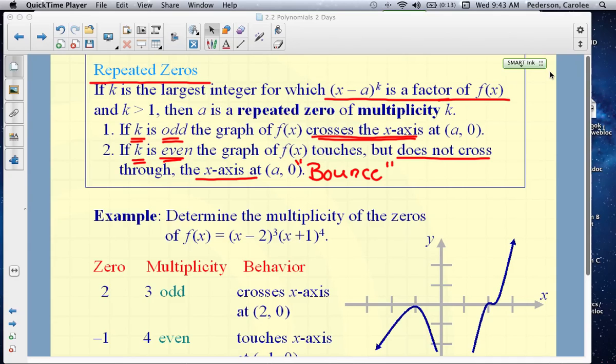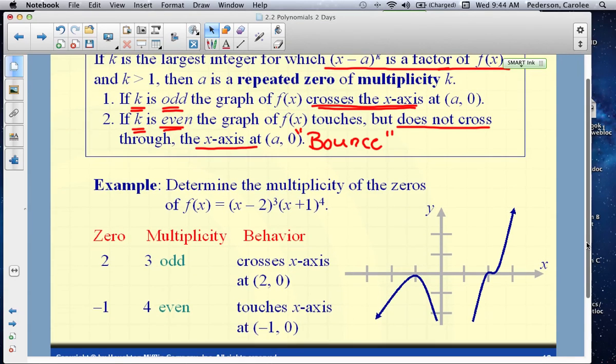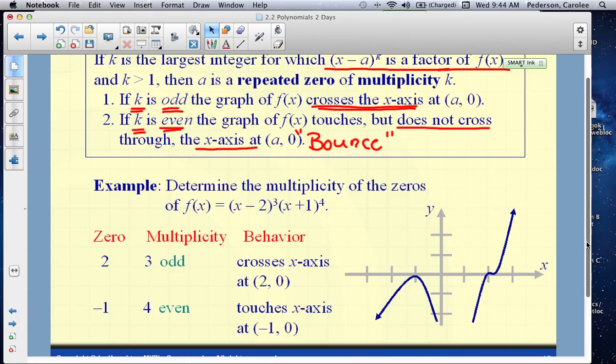So the example below is a 7th degree polynomial, so it's a snake still. And what they've done is they factored it out already, this example. And notice there are repeated zeros going on.